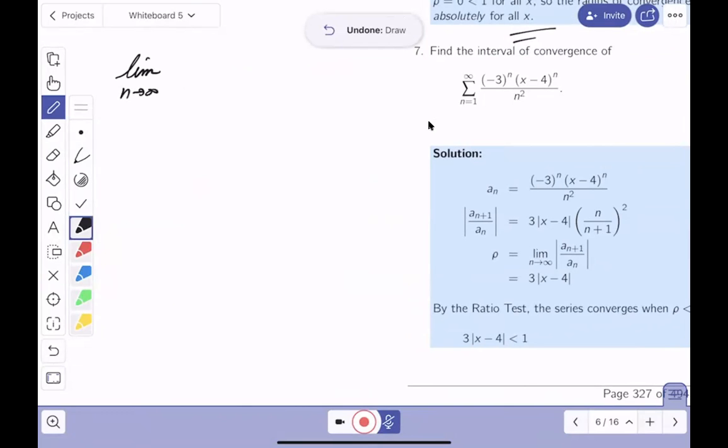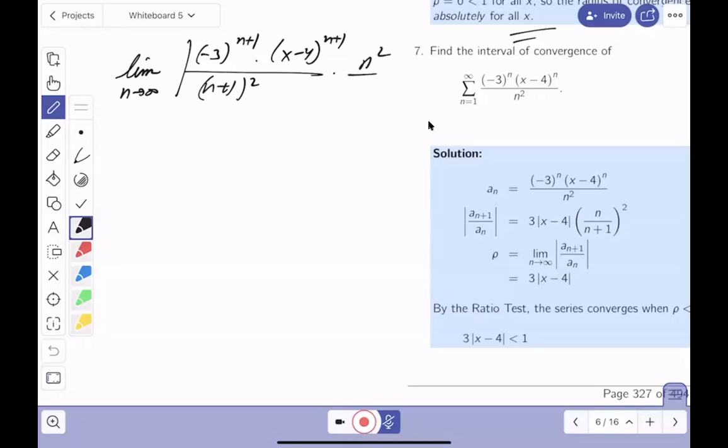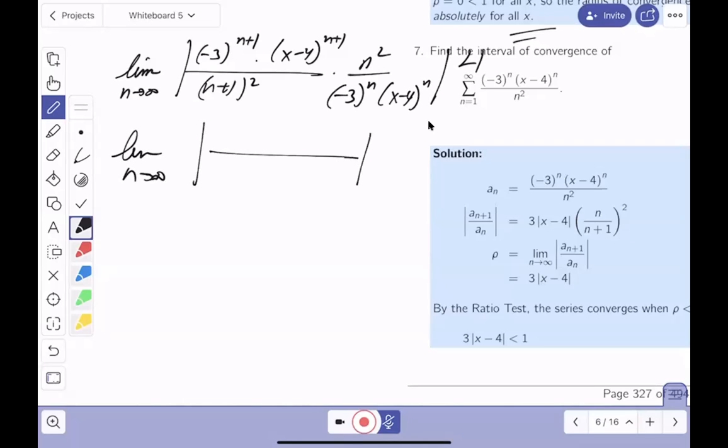n goes to infinity. And you're going to get minus 3 to the n plus 1 times (x minus 4) to the n plus 1 over (n plus 1) squared times, and again, I'm getting better at this because I've done so many in front of you, minus 3 to the n. The problem with getting better is sometimes you get really sloppy, and it's got to be less than 1. Let's simplify. Oh boy, we got a lot of stuff here, don't we?